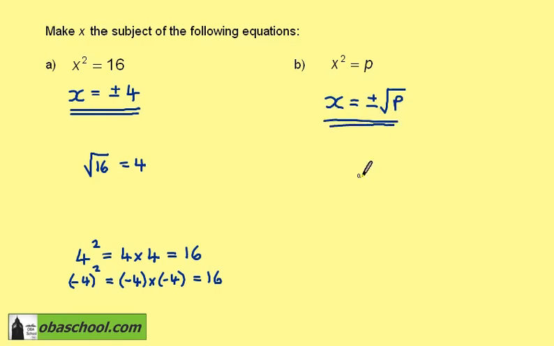Just compare this with the example in part A. It should be clear that root p multiplied by root p is p, and that minus root p times minus root p, the minus minus giving a plus, root p times root p giving p, so therefore either plus or minus root p is the solution.